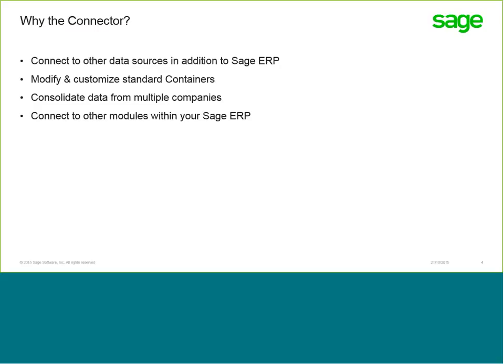However, the connector, again, just to review, is if you want to make a connection to other sources or you want to modify or customize the standard containers, in other words, add additional fields, add additional information. If you want to connect to multiple companies, or if you want to connect to other modules within your Sage ERP or Sage accounting system, then that is why you would use the connector.